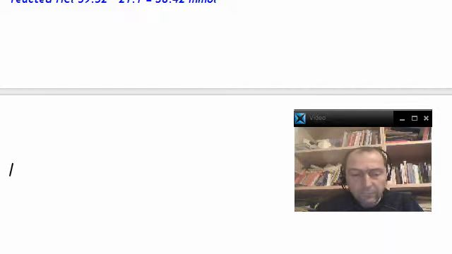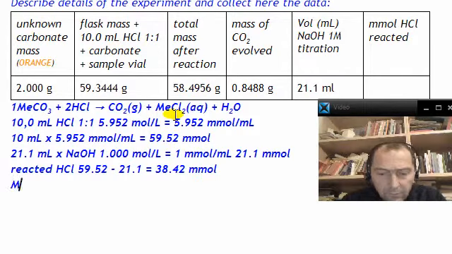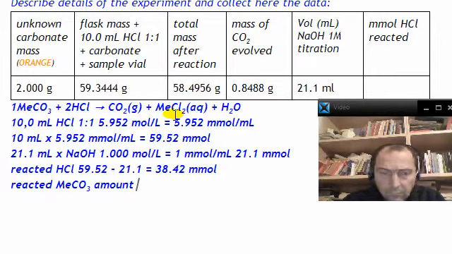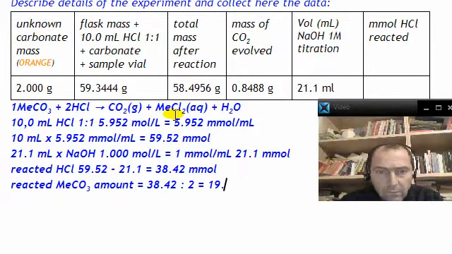So we have the amount of carbonate is the half part of the reacted acid: 38.42 millimoles divided by 2 equals 19.21 millimoles.